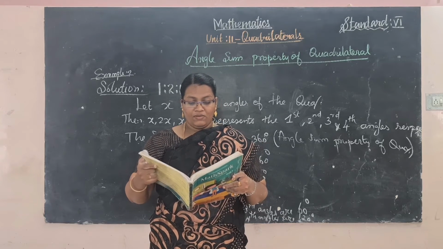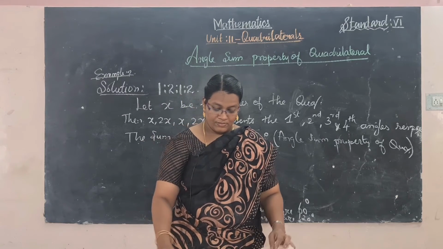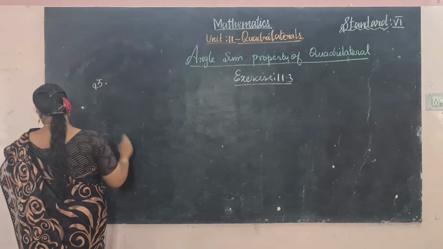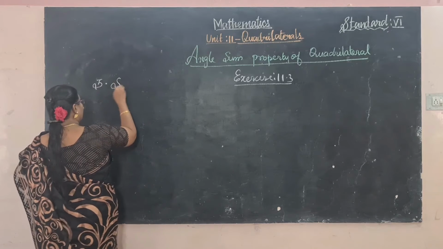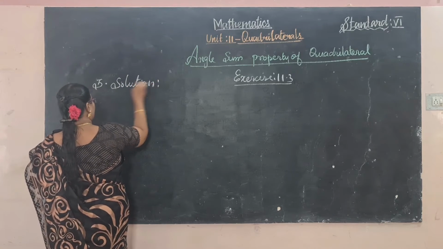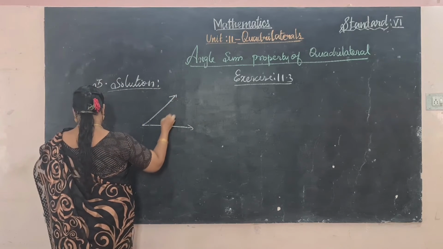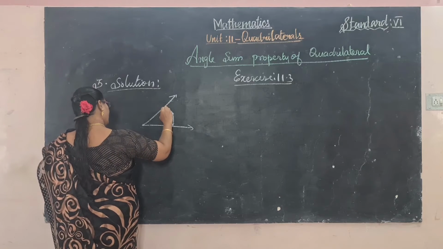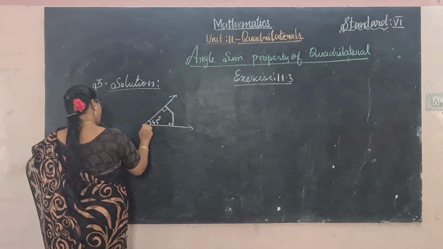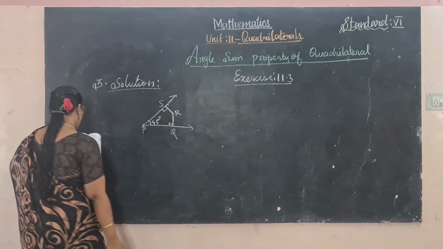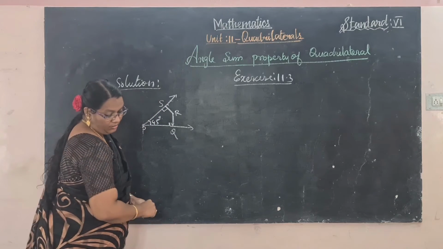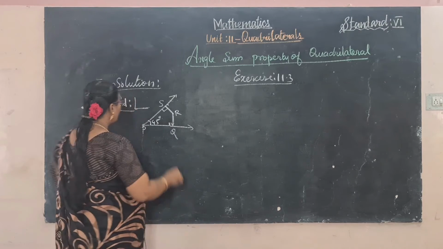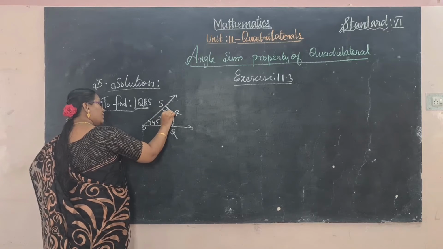One figure is given, with a 45 degree angle at P, in quadrilateral PQRS. We have to find out this angle QRS.